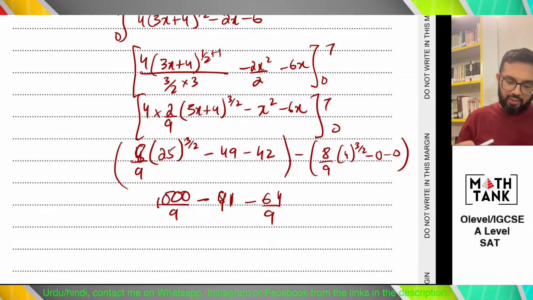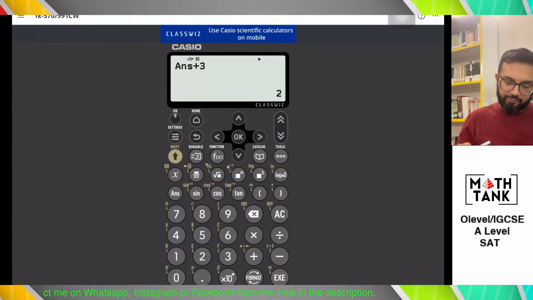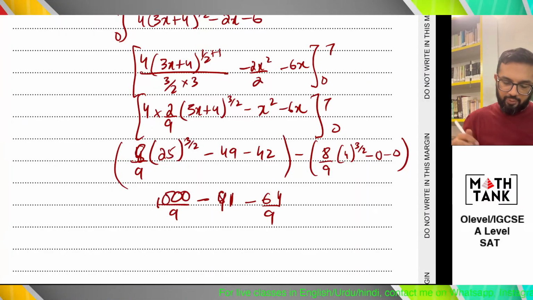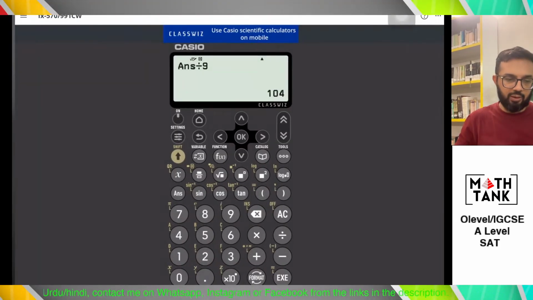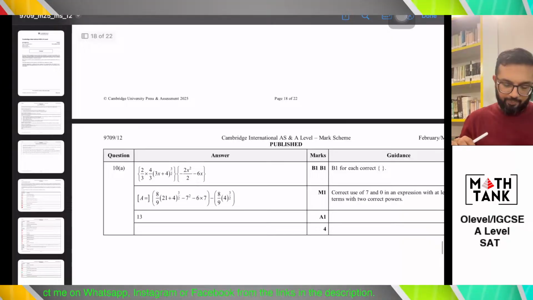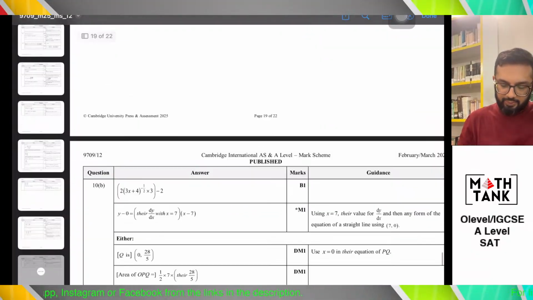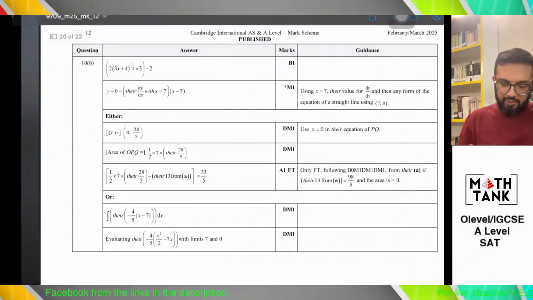Let's do that on a calculator. 104. That's 4 and 9 is 13. That should be the correct answer. Yeah, that is the correct answer. Go on to part B.